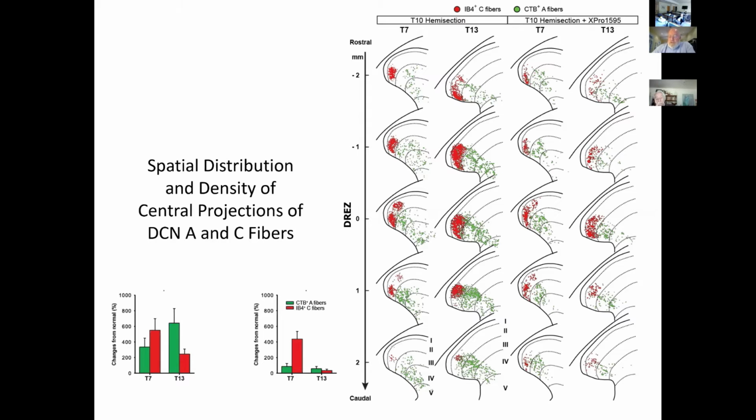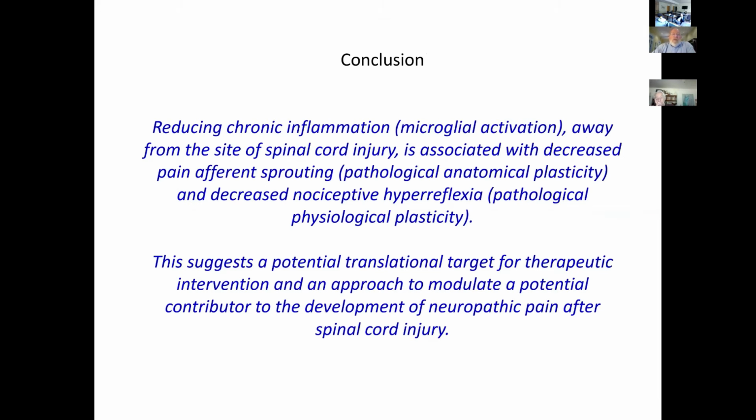The issue, of course, is what else would we be blocking in terms of sprouting or attempts to reorganize things in the nervous system? So I think I've pretty much just said this, that if we were to reduce chronic inflammation, we might normalize the anatomical plasticity and the physiological plasticity. And this should be something we start thinking about early on.